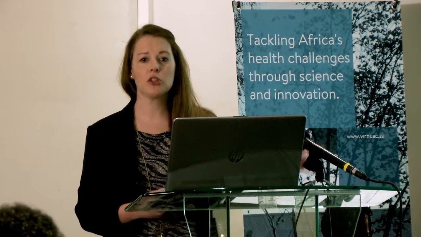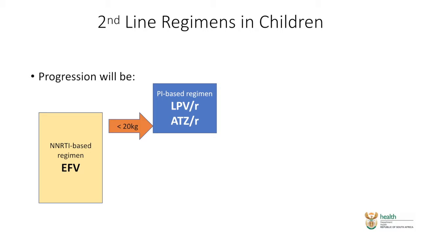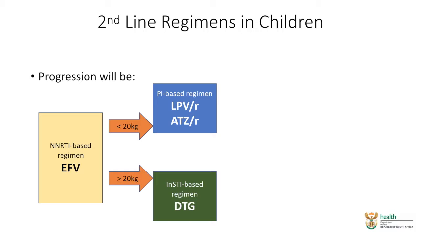And once we do the children's, the pediatric one, it'll also maybe solidify things a little bit. So in children, our second line regimens, if the patient was on an NNRTI-based regimen and they fail, if they are over 20 kgs, they can go on to dolutegravir.